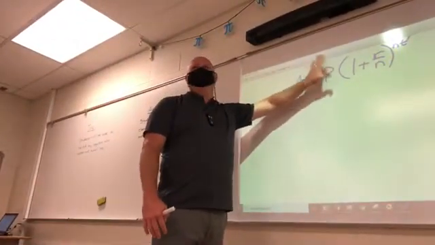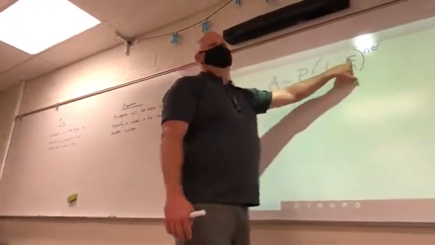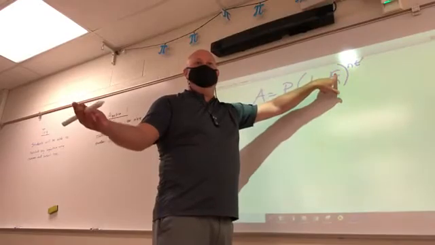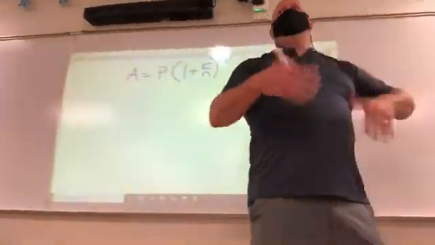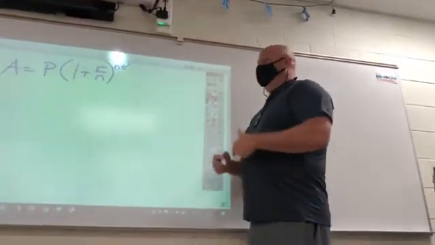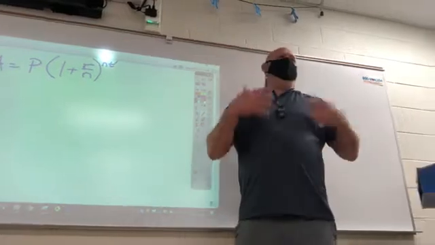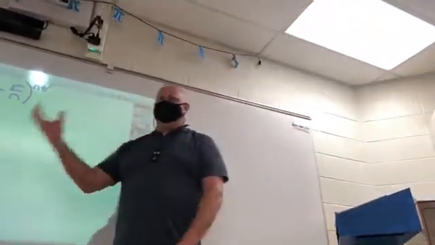P is your principal. It's how much money you have in the bank, okay? r is your interest rate. Anybody know what n is? n is the number of times that it's going to get compounded, okay? Now, basically, if I put $100 in there, is every single $1 going to basically act the same?